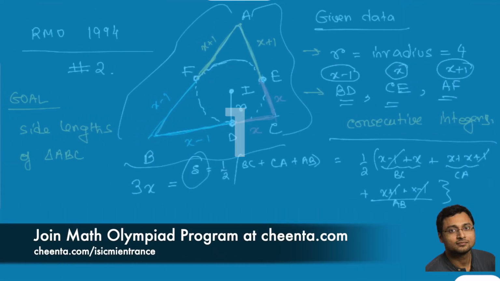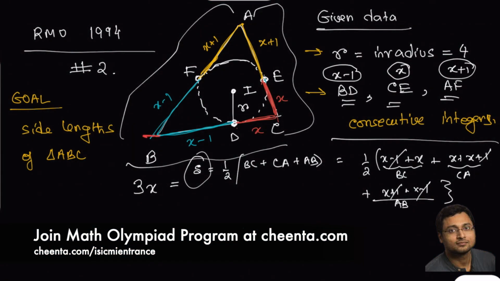Now can you find out the final values of the lengths of the sides of this triangle? That's your job. Find it out and put it in the chat. What is the final value of BC, CA and AB if the value of x is 7? It's very simple. It's just one line.